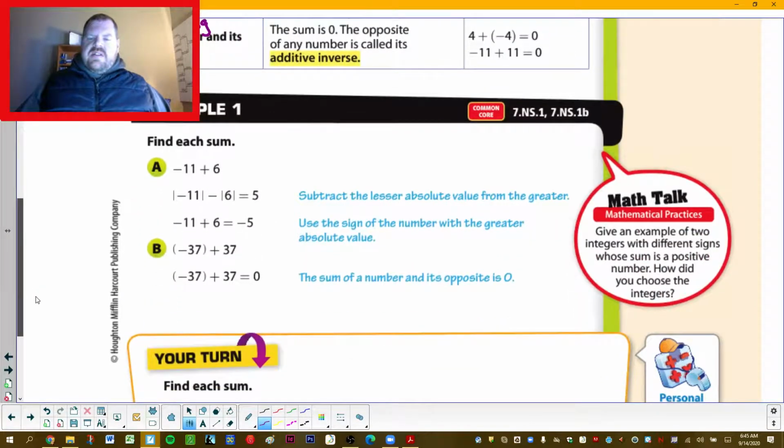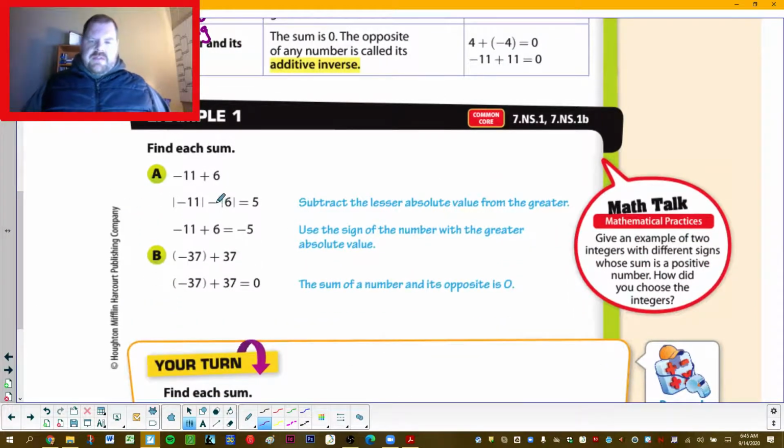Let's look at that with this example. So here they actually do take the absolute values, but you don't have to think about absolute value all the time. What I do when I look at a problem like this is I'm just thinking 11 minus 6. I know that that's 5.